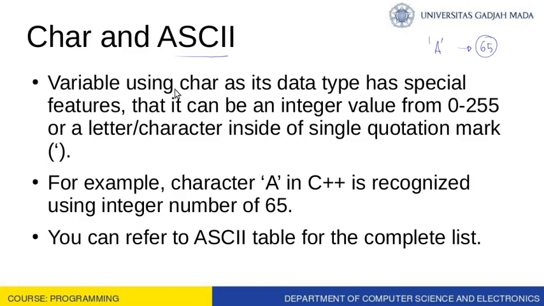So here a variable using char as the data type has a special feature that it can hold integer values from 0 to 255. So the values of char are only 0 to 255, and inside of this is included this 65, or the capital A letter.